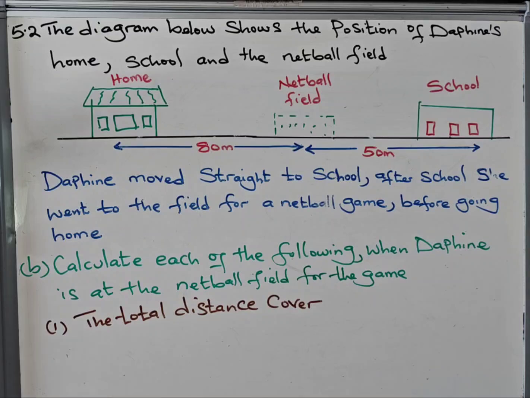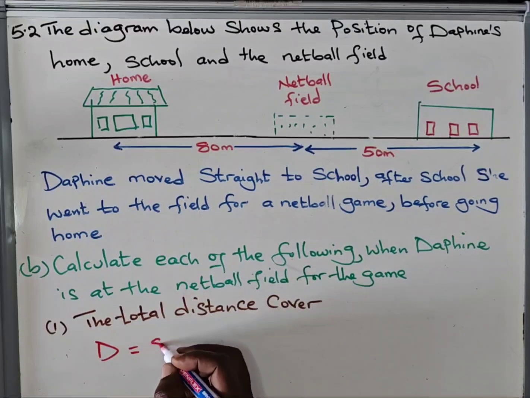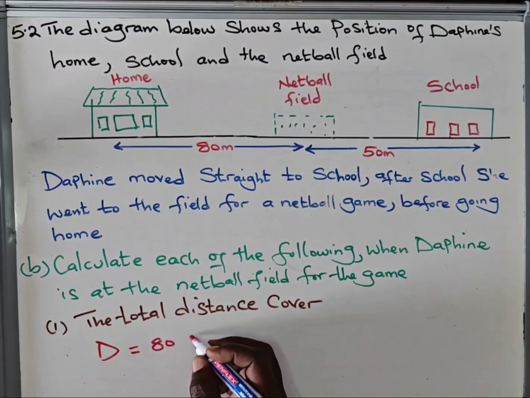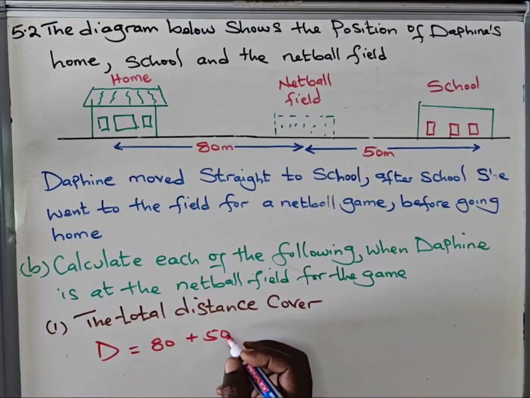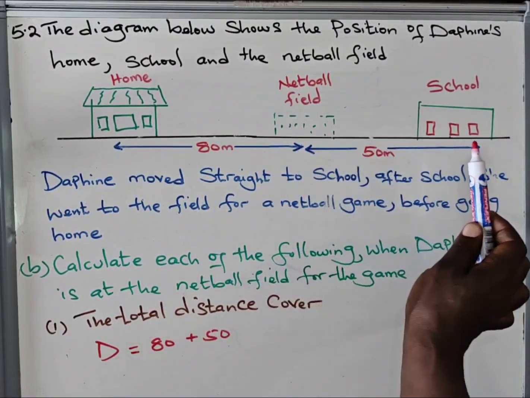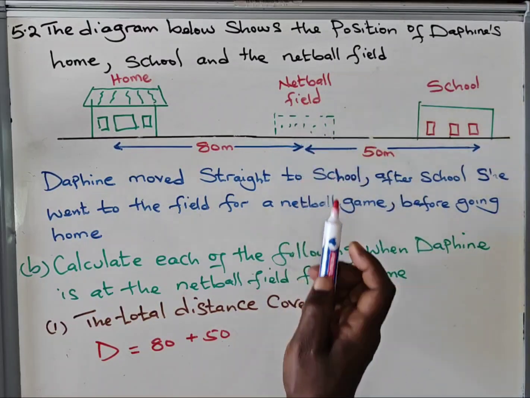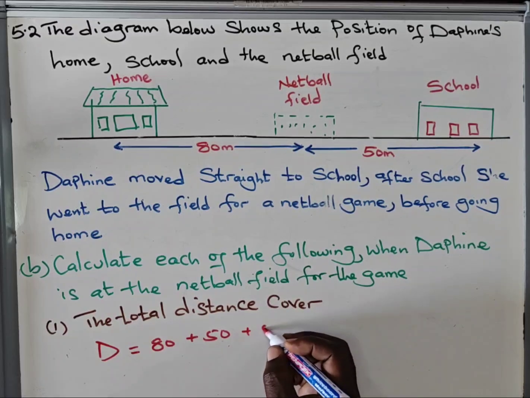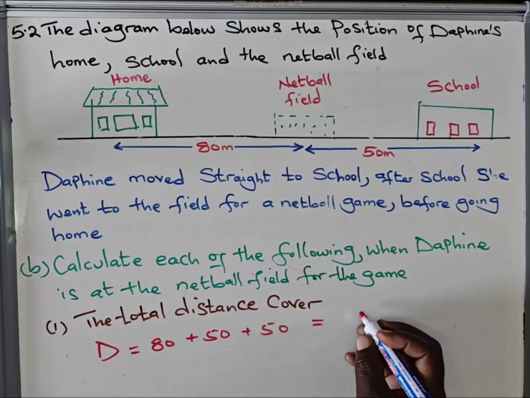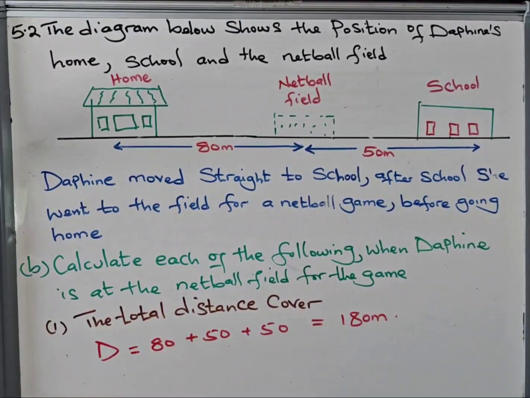So what is the total distance covered? It's going to be 80 plus 50 to reach school. Then she moved from school to the netball field. That's 50, giving us a total of 180 meters. That's the total distance covered by Daphne.